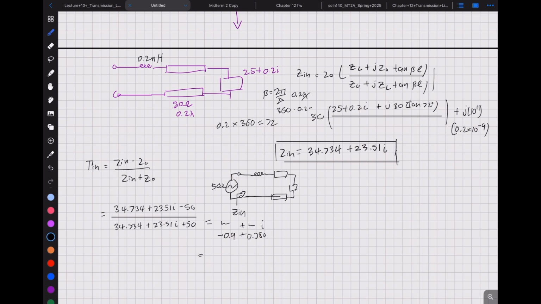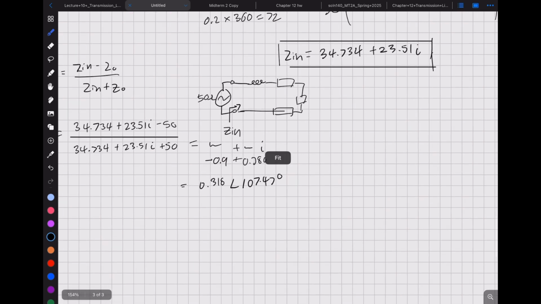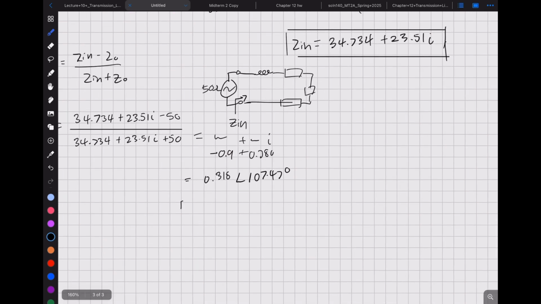Click math, complex, and then to polar. So we're going to get 0.318 with an angle of 1.747 degrees. Okay, and to solve for return loss, we're going to use this number here, 0.318. So we're going to have negative 20 log, and this unit's in dBs.